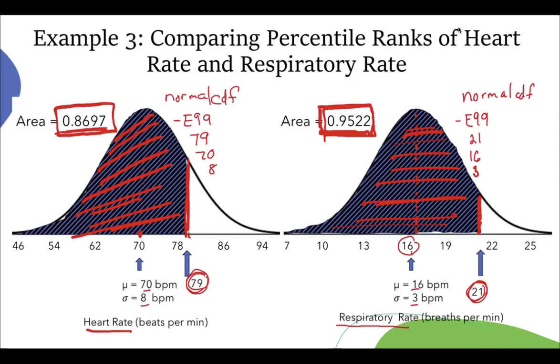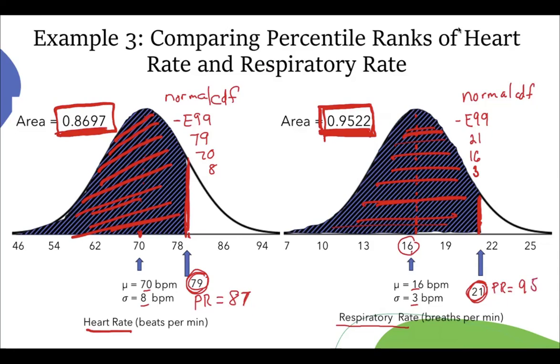Now, these are not percentile ranks as they're written. They have to be converted into percents and then rounded to the nearest whole number. So the percentile rank, PR, equals 0.8697 multiplied by 100, which gives 86.97, and rounded to the nearest whole number makes the percentile rank 87. For the 21, we get the percentile rank by taking 0.9522 multiplied by 100, 95.22%, round to the nearest whole number, and that gives us 95.